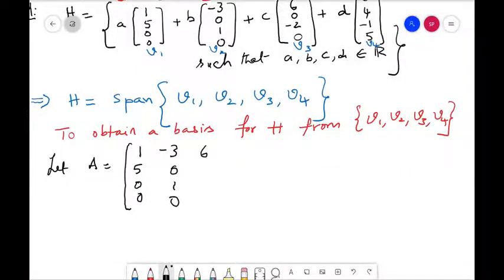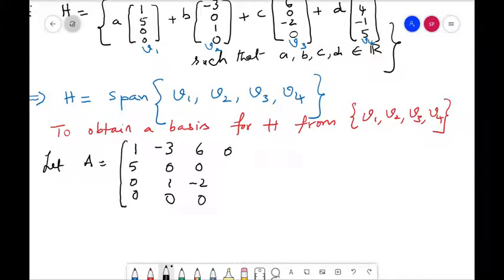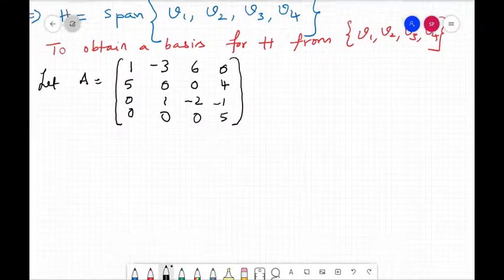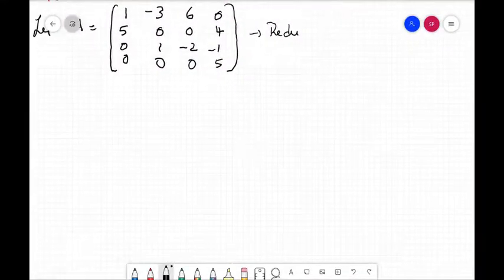V3 is 6, 0, minus 2, 0, and V4 is 0, 4, minus 1, 5. So now I have this matrix. I have to reduce it to echelon form.